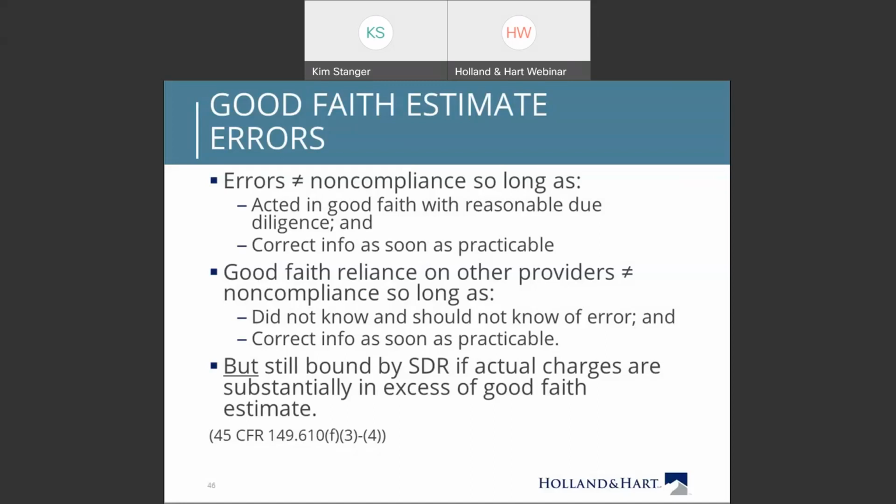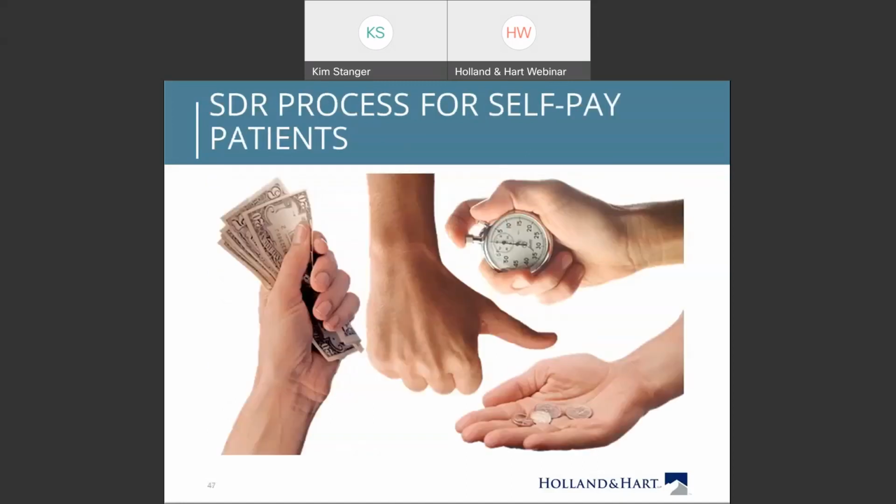Now, even though you may not be deemed to be in non-compliance or violate the regulations, that doesn't mean that you can avoid the effects of the SDR. And if your good faith estimate is wrong or incorrect or doesn't include the information, then you still could be subject to the penalties that are associated with the SDR.